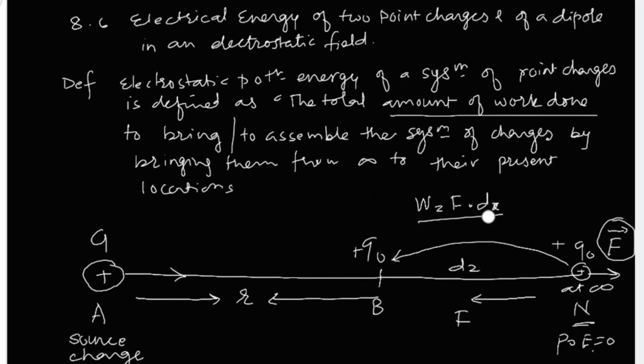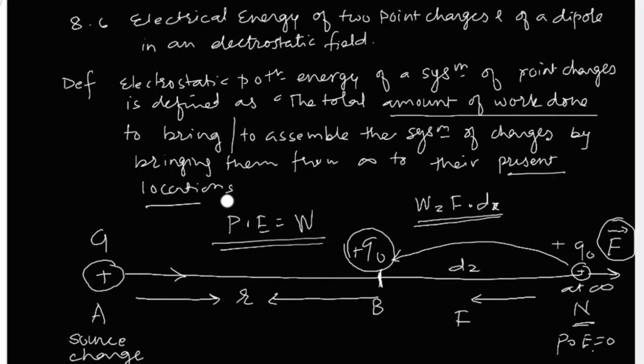This amount of work done is stored at this position in the charge, or you can say in the system. Potential energy is nothing but the work done to bring the charge from infinity to the present location.